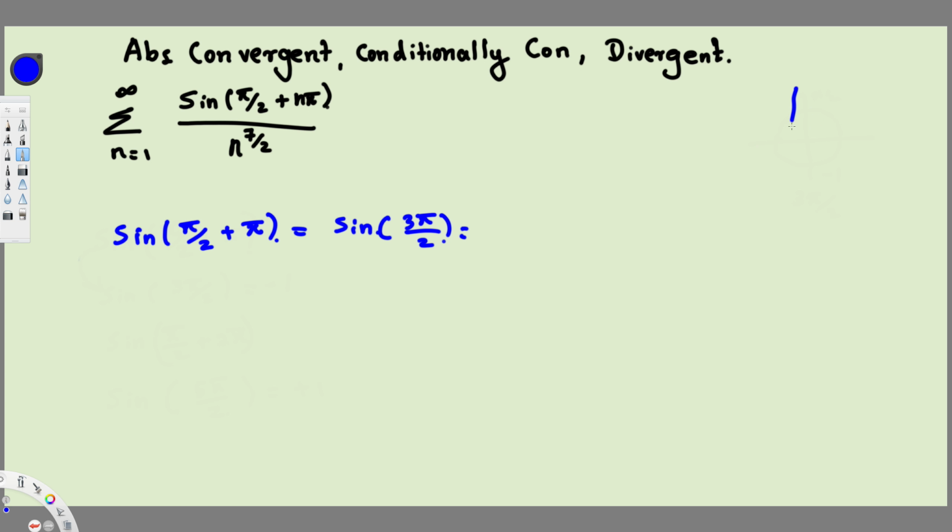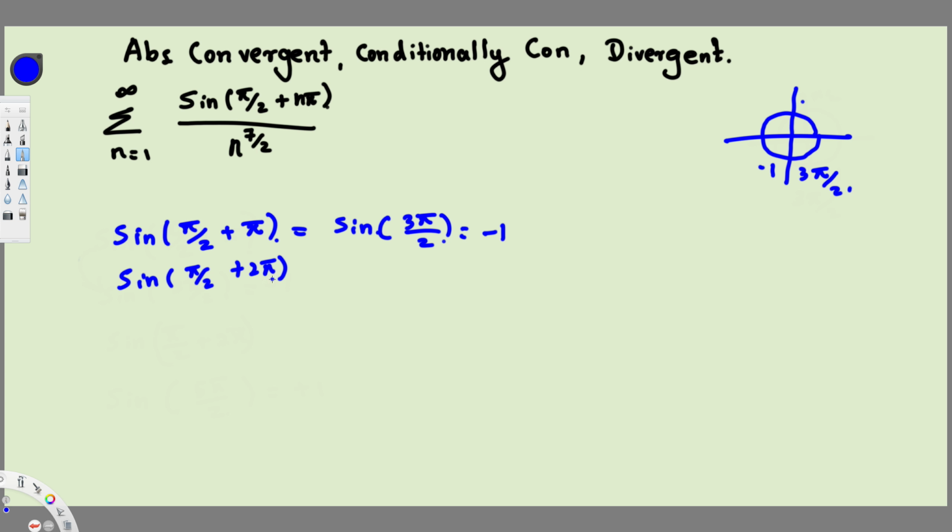So let's draw the graph for this one. This is 0, π/2, then 3π plus 5π/2 is going to be here, and sine of that is going to be negative 1. Let's look at the next value, sine of 5π/2 plus 2π.